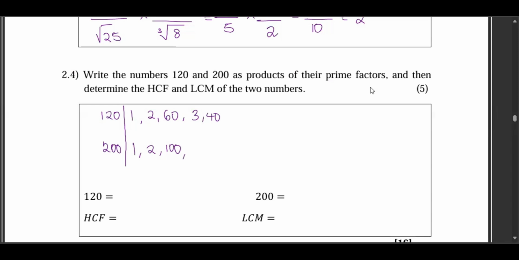Here we have 40 and 5. Then do we have any other here? Let's see. We have 60. No, 60 is already seen. 6 and 20. Here we have a 20 and a 10.